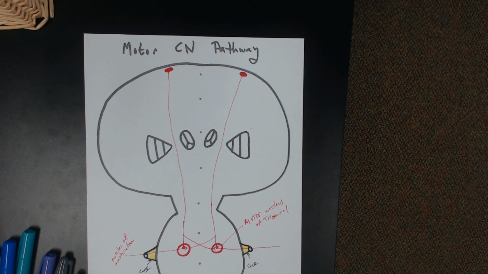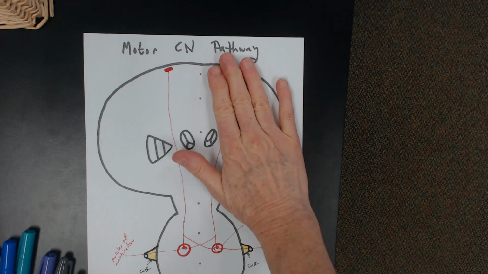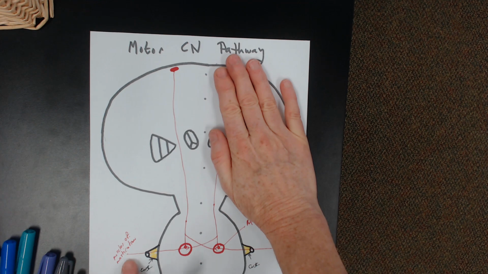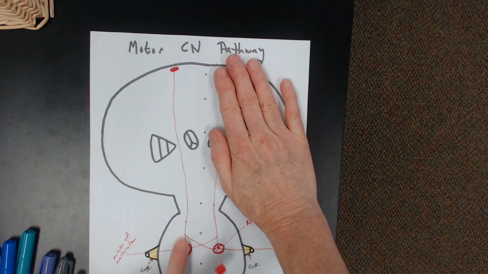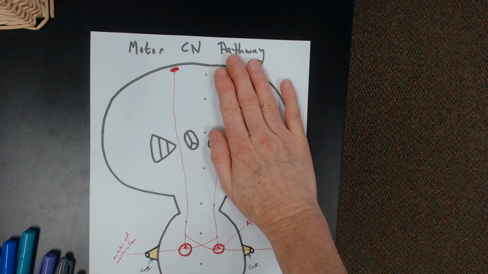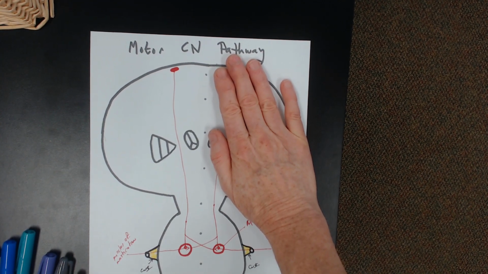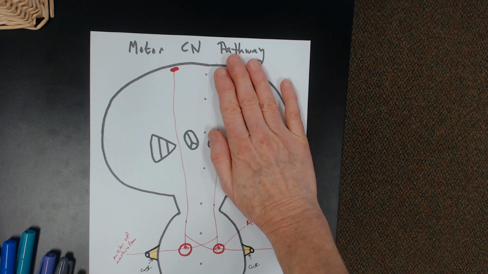Okay, the significance of this is that if somebody's had a stroke and this whole side is gone, only one side is gone, you still get motor innervation for muscles of mastication bilaterally, since one side synapses with both motor nuclei, bilateral motor nuclei. Does everybody see that?